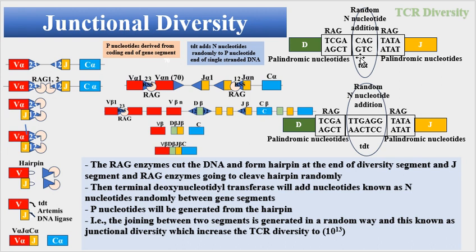These are non-template, and these are templated. For example, TCGA will give you on the opposite side TCGA, the same number and the same nucleotides, but here they are a bit different, and it is different from one TCR to another TCR, as can be seen here.